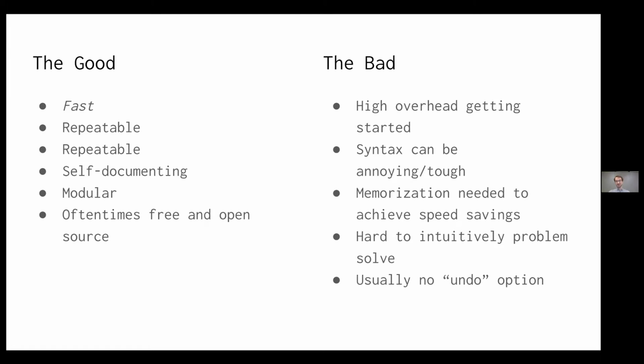And something that can really bite you, and that's bitten me, is that there's generally no undo option. So if you're working on a command to rename or to move the contents of one directory, and you end up deleting them all, chances are, I'm pretty sure it doesn't go to the recycling bin.